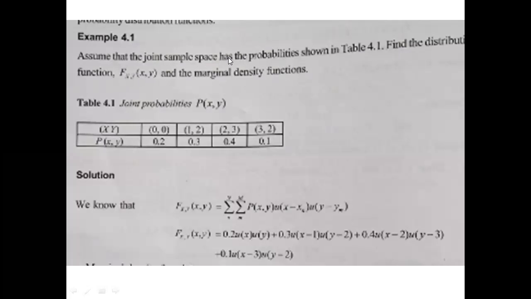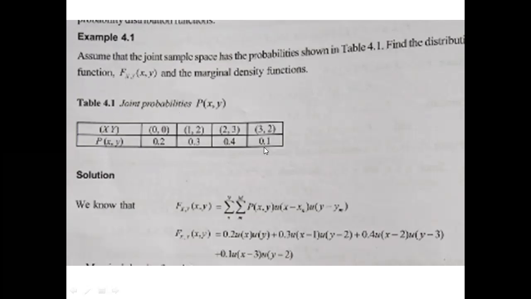The table is given here. x, y are the events in the x and y random variables. The corresponding probabilities are p of x, y. In the previous unit, in the problems we did, we wrote x and p of x, the events in the random variable x and the corresponding probabilities of the events.